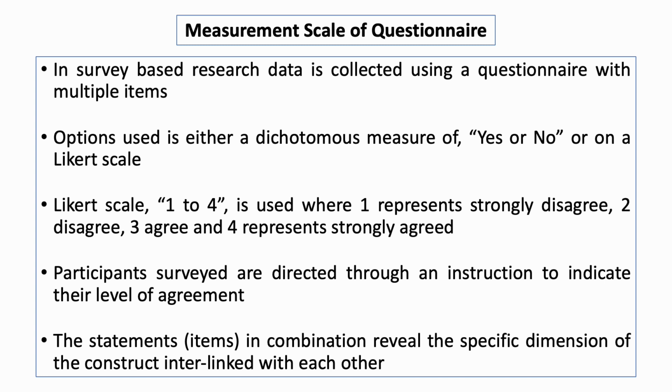In between, we might put not sure or uncertain opinion by the subjects. The participants in the survey are directed through an instruction to indicate their level of agreement. It is well explained to them before it is administered to them.